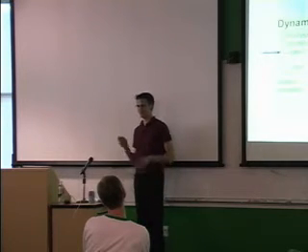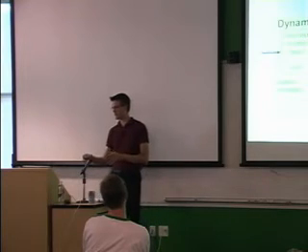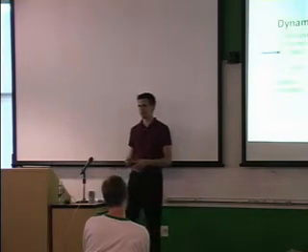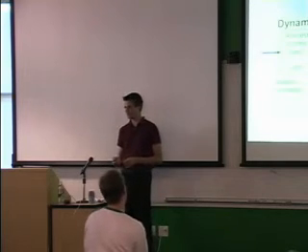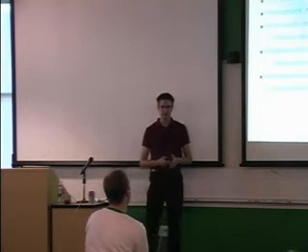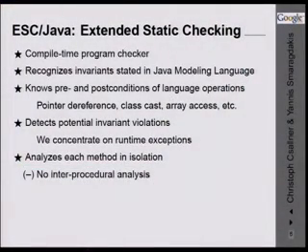Okay, now, so this is kind of the outline of my talk here. I'm going to talk about the different components that we're using. So I'm first going to start out with ESC Java. ESC Java was originally developed at Compaq Labs. It's a research tool and is now maintained in Dublin by Professor Kiniry.